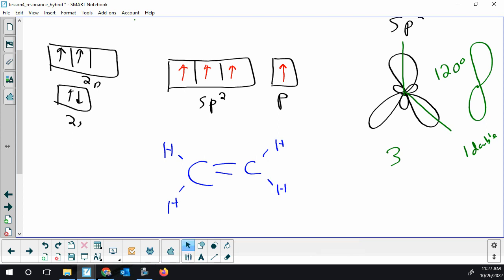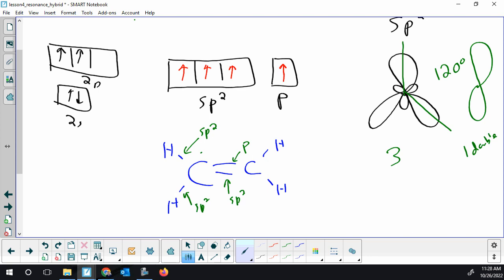Now we've got 2 carbons. I'm going to put an arrow in to focus in on 1. That carbon is sp2 hybridized. I'm actually going to point my arrow to all those hybridized bonds. So that one is sp2, that one is sp2, there's the third sp2, and that extra one is a leftover p.